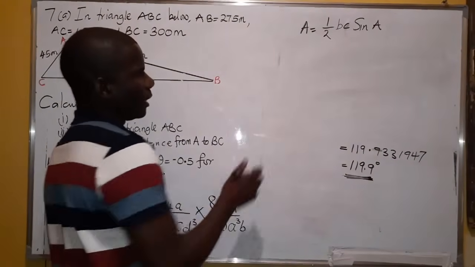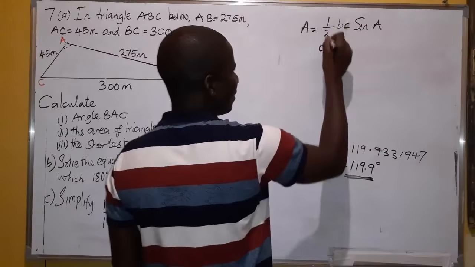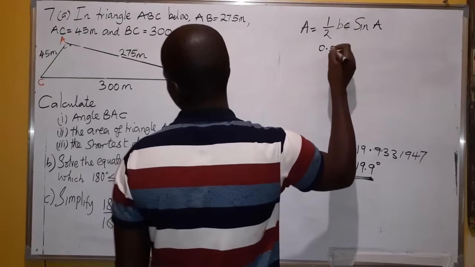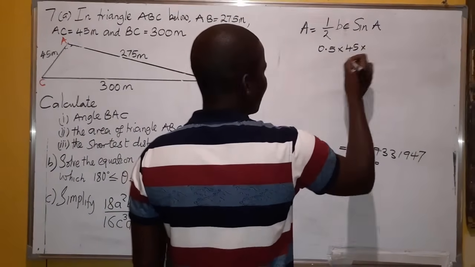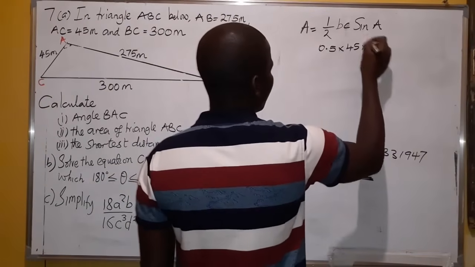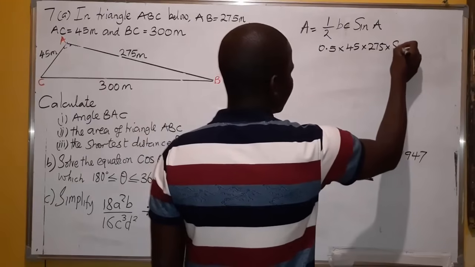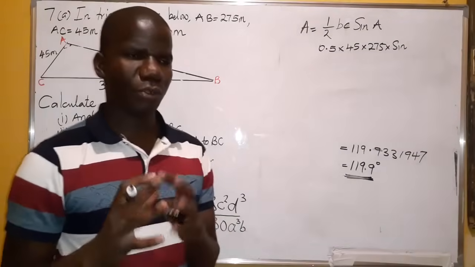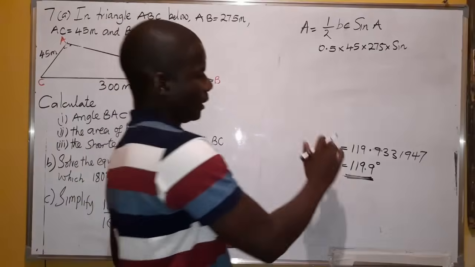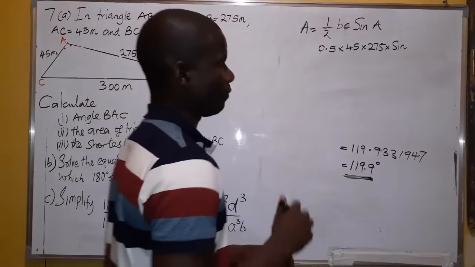So I'm going to say 0.5, which is the same as half, multiplied by B. Our B is 45, multiplied by our C, which is 275, multiplied by sine of the angle at A. I advise that we use this whole angle which is not rounded off.